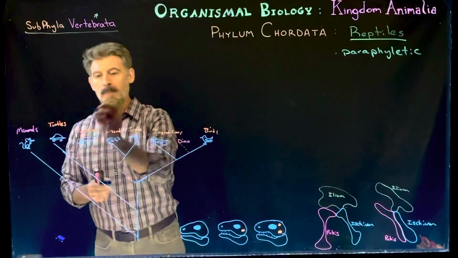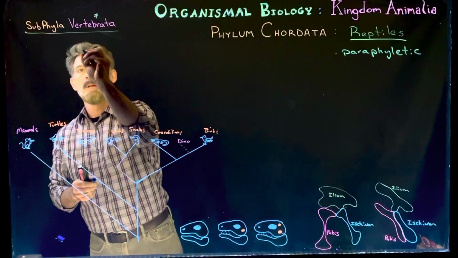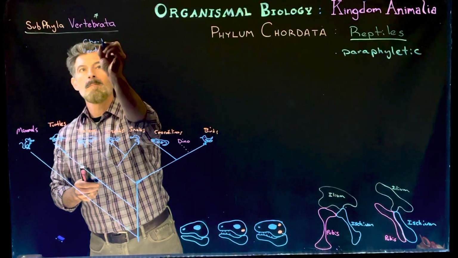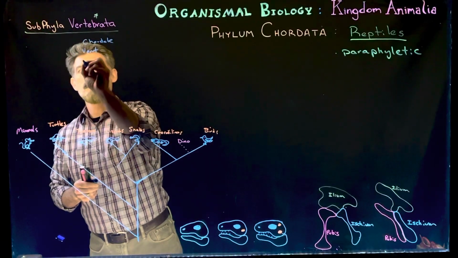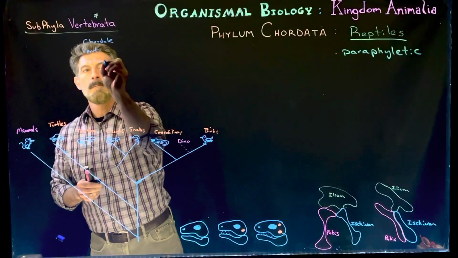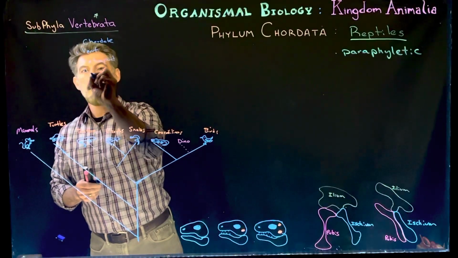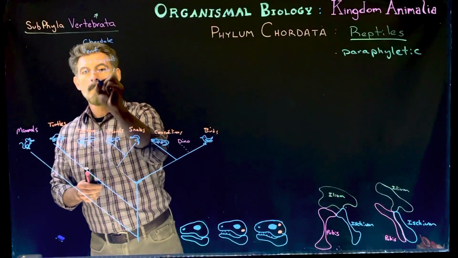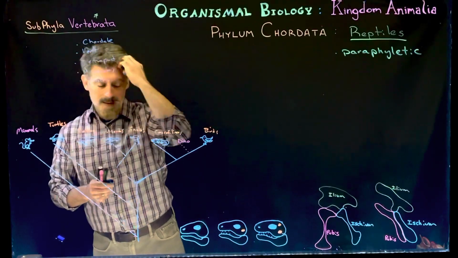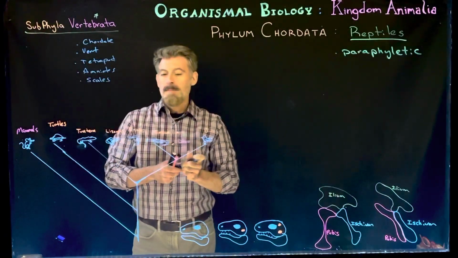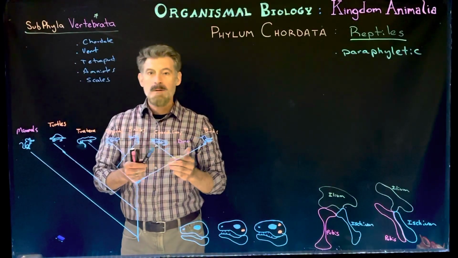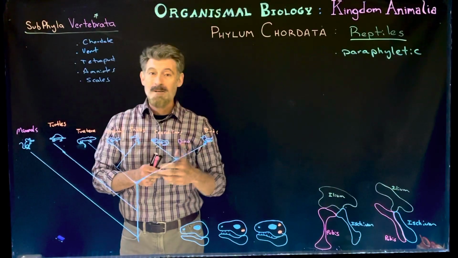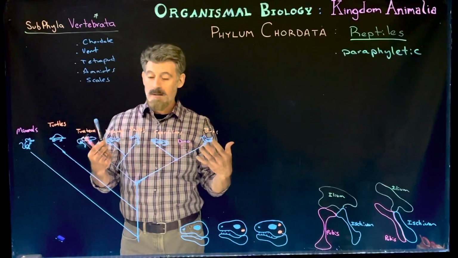Well, these groups, obviously, they're vertebrates. Obviously, chordates. Vertebrates. Tetrapods. Amniotes. They have scales, with some slight variations in whether the scales are dermally or epidermally derived, but they have scales that protect them on the outsides of their bodies.